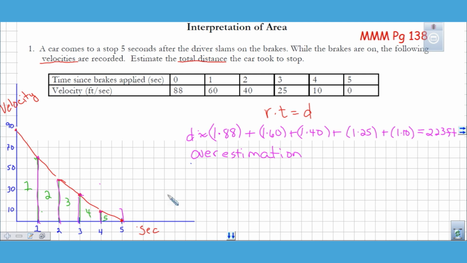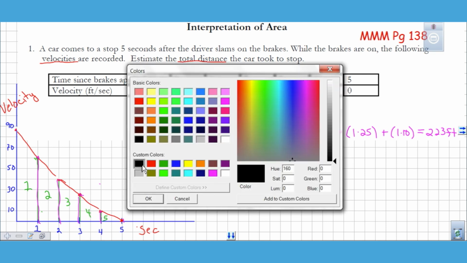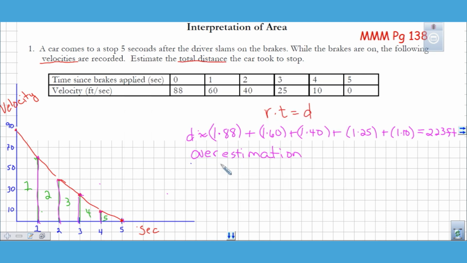And we're going to use what color should we use now? How about black? Let me find black real fast. There we go. All right, so now we're going to estimate the distance by now, see there's left and right. I'm now going to use the height that's on the right-hand side of each rectangle.